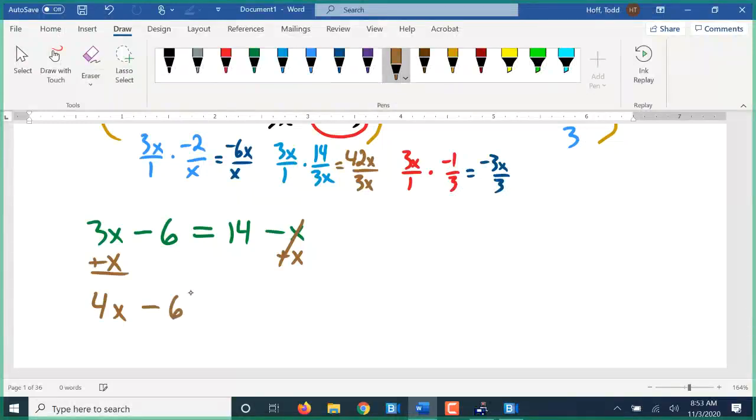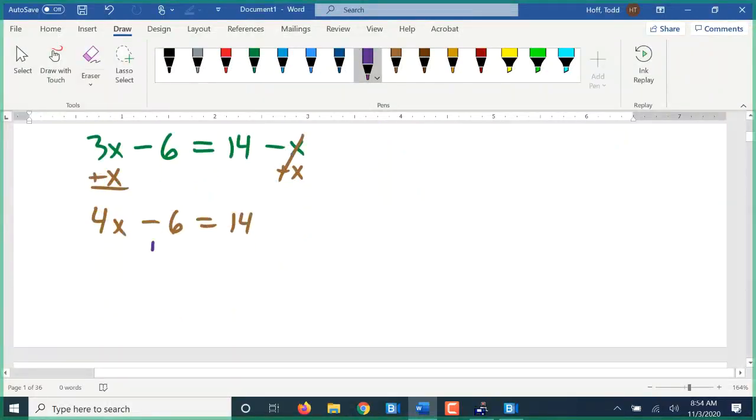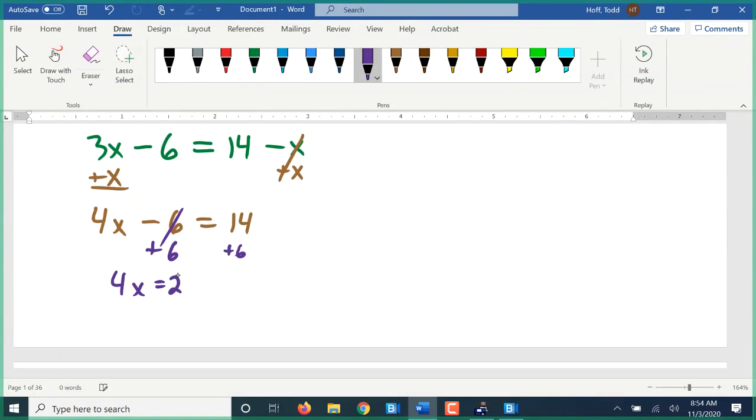So the negative 6 equals 14. Now it's in a form where we can solve. We're going to add 6. 4x equals 20. And divide by 4. X equals 5.